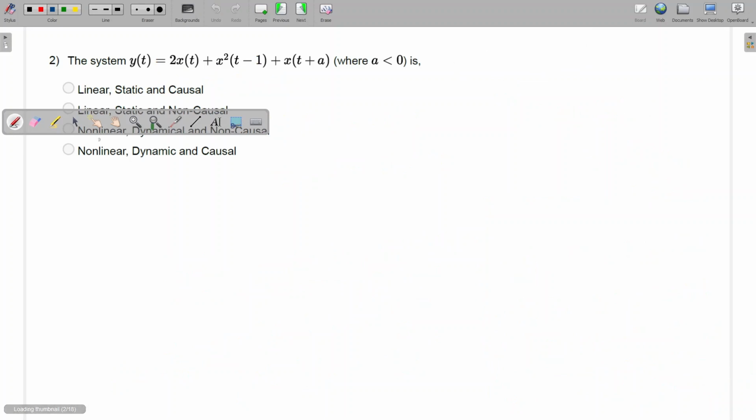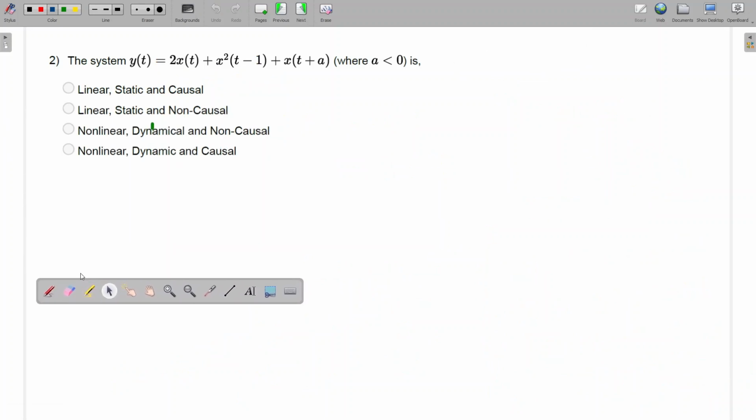So see here, this is the second question. Here some variable x of t is there, on which two or three transformations have been applied. First I'm going to check whether it is linear or non-linear. So I'm writing y1 of t, that will be 2x1 of t plus x1 square of t minus 1 plus x1 of t plus a.